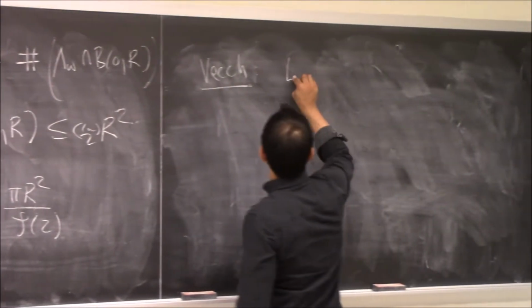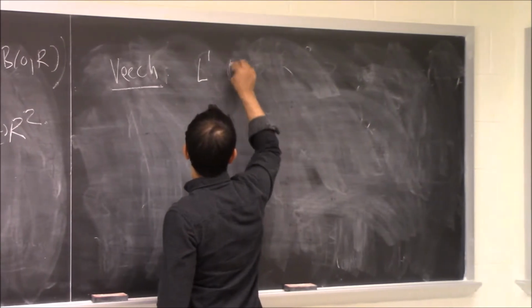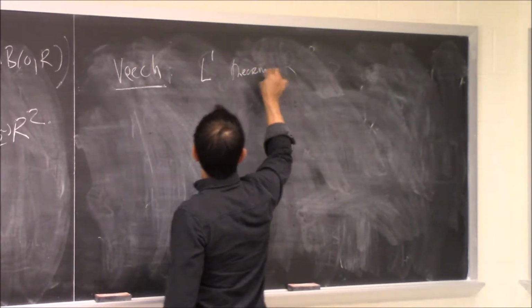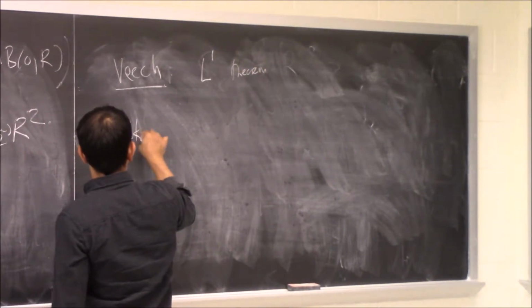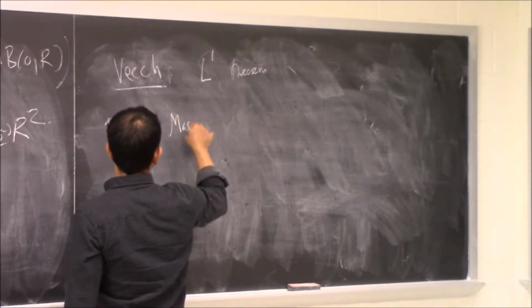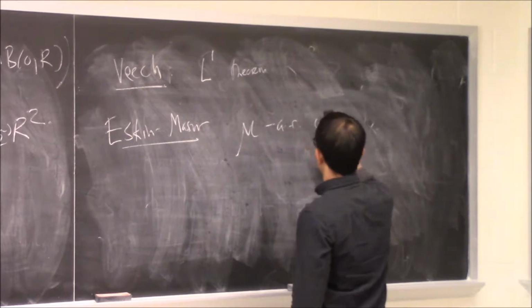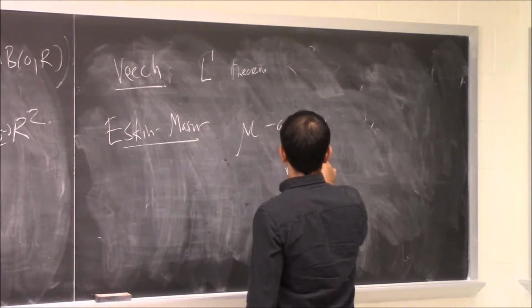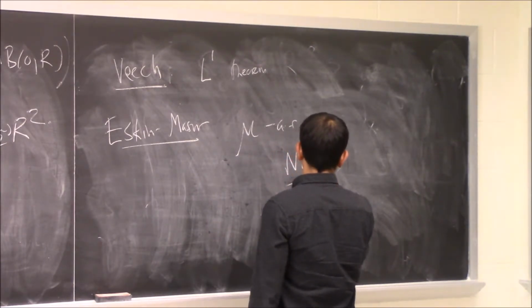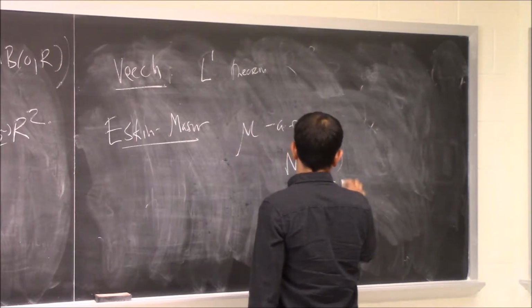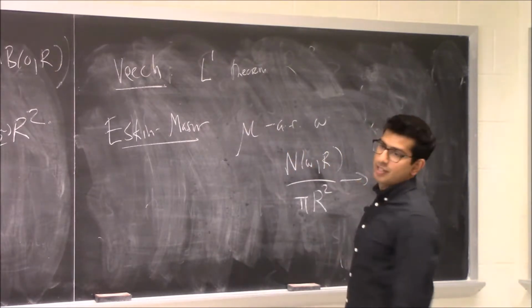So Veech proved an L1 theorem. And this is a very brief and potted history. Eskin-Mazur proved that for mu almost every omega, n of omega r over pi r squared actually converges to what it is.